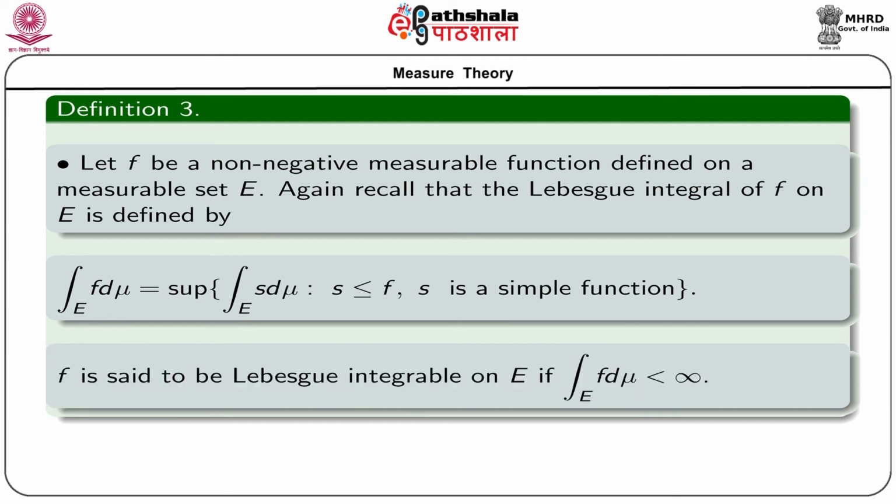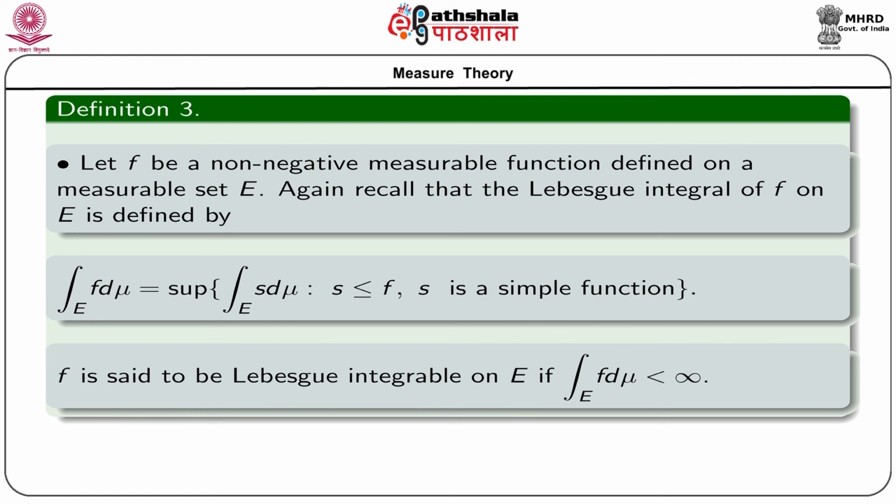Now, we have already seen that the value of this integral can be equal to infinity. f is said to be Lebesgue integrable on E if the value of this integral over E is less than infinity. So, there is a difference between the Lebesgue integral of a function and the Lebesgue integrability of a function.